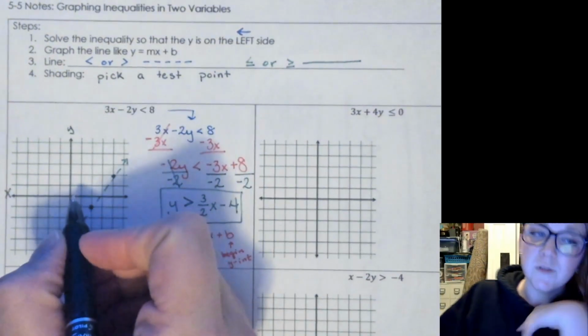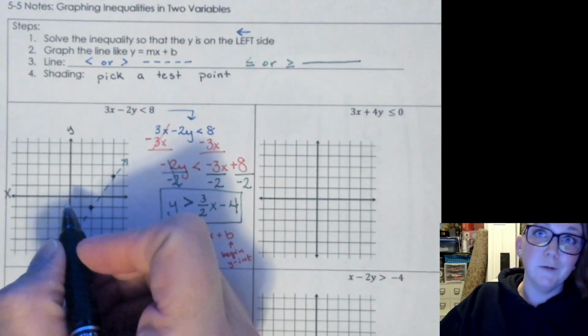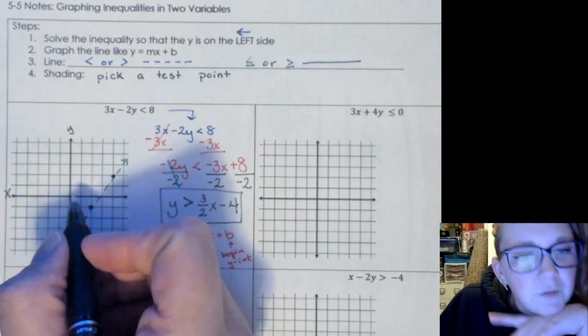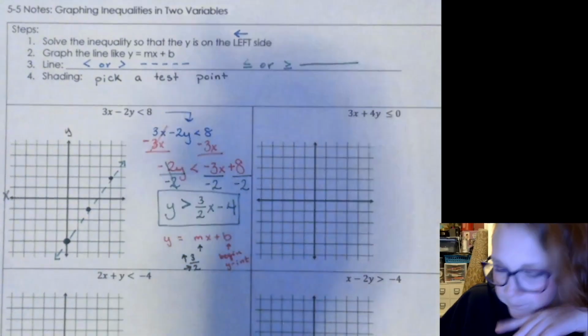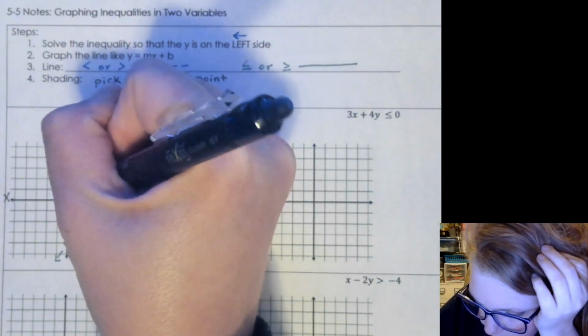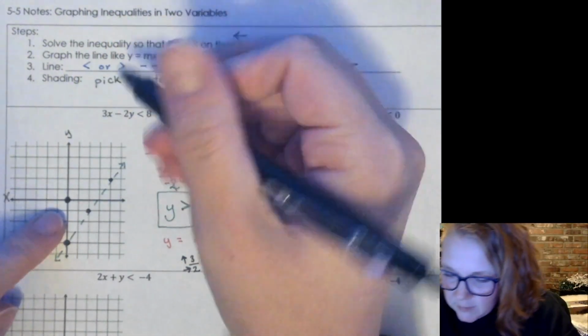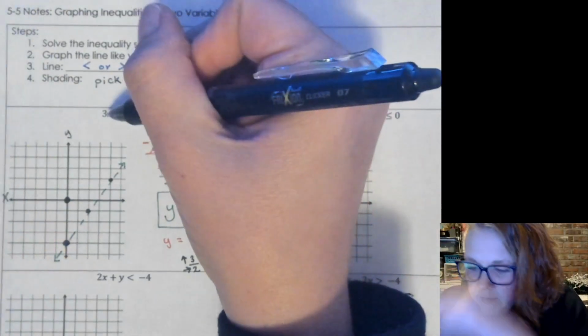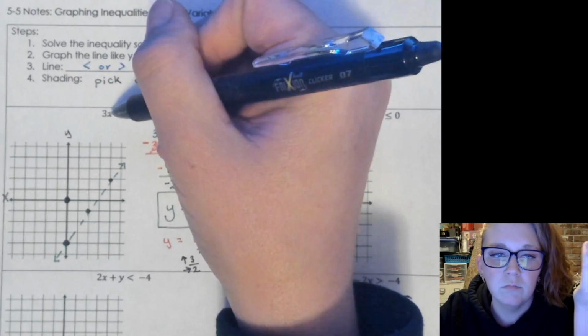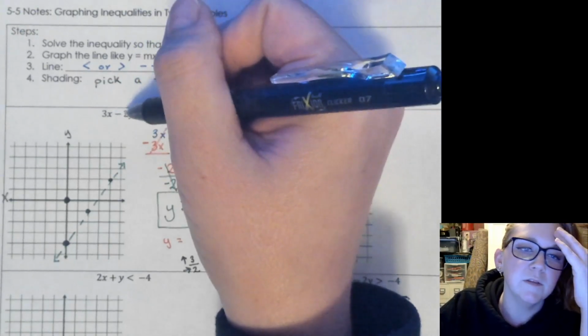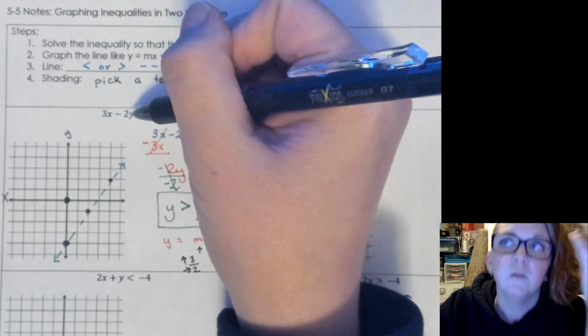All right, so I'm going to use 0, 0 just because 0 is easy. So let me use this point right here. I'm going to plug it into this up here. What's 0 times 3? 0. What's 0 times 2? 0.